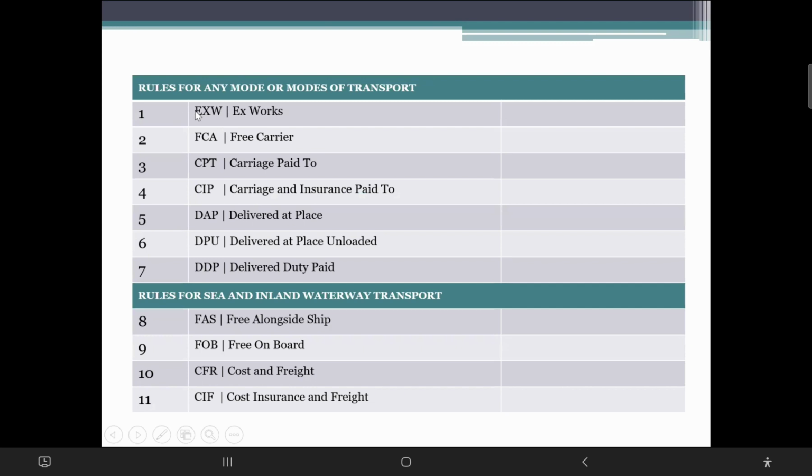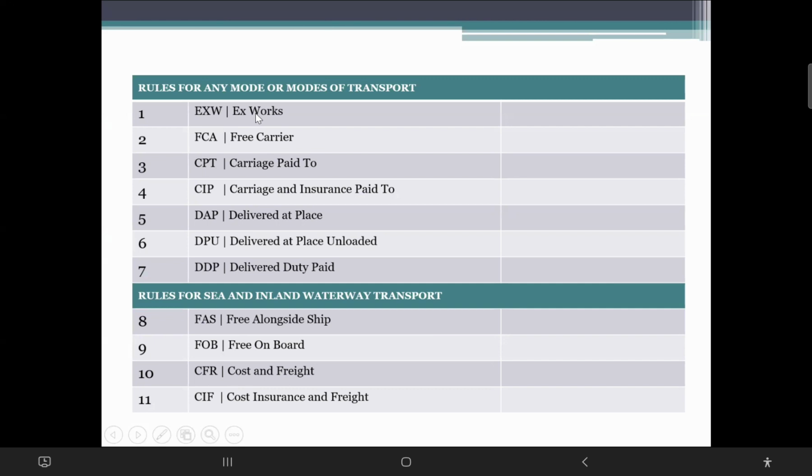The first 7 are for any mode: EXW, Ex Works; FCA, Free Carrier; CPT, Carriage Paid To; CIP, Carriage and Insurance Paid To; DAP, Delivered at Place; DPU, Delivered at Place Unloaded; and DDP, Delivered Duty Paid. Under sea and inland waterway transport, we have FAS, Free Alongside Ship; FOB, Free on Board; CFR, Cost and Freight; and CIF, Cost, Insurance and Freight.